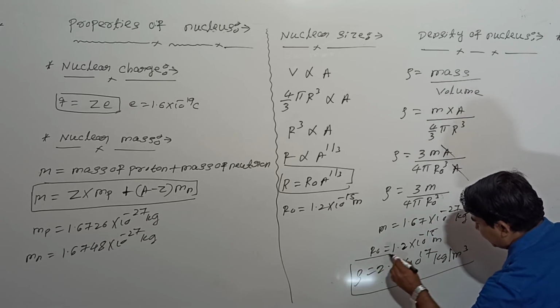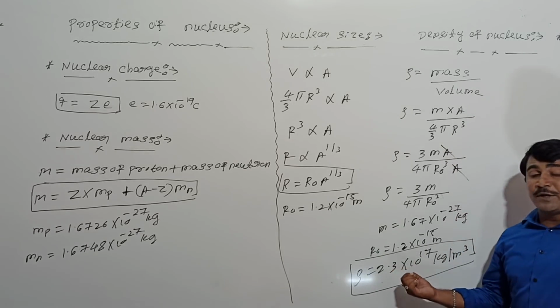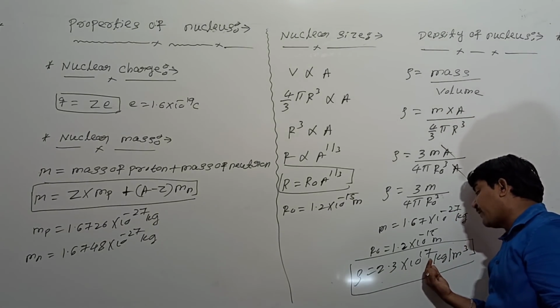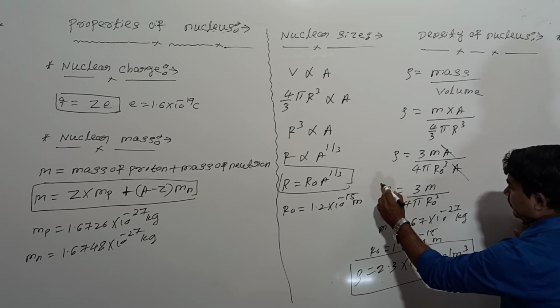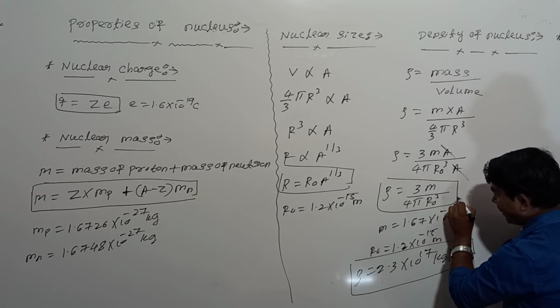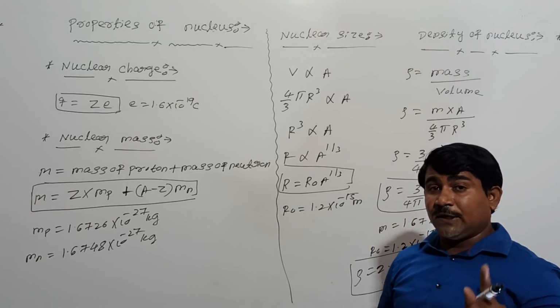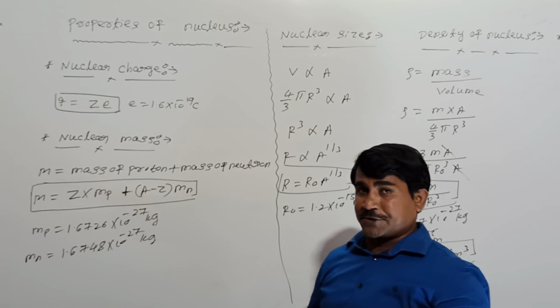Students, this is the density of the nucleus. What is the density of the nucleus? 2.3 into 10 raised to 17 kg per meter cube. Look at this equation. This equation indicates the density of the nucleus does not depend directly on the number of protons, neutrons or electrons.